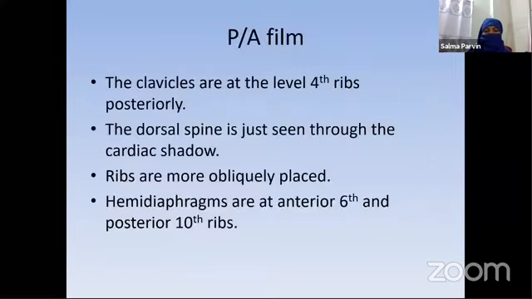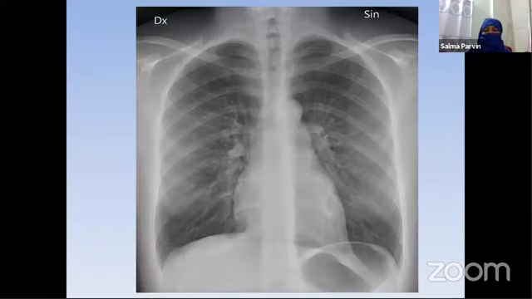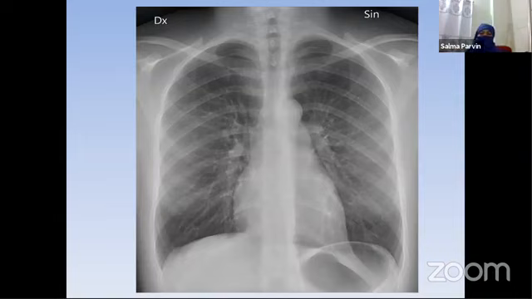How do we read that the positioning is all right? Come on, the practical way. In this chest X-ray, the dorsal spine is seen through the tracheal shadow.